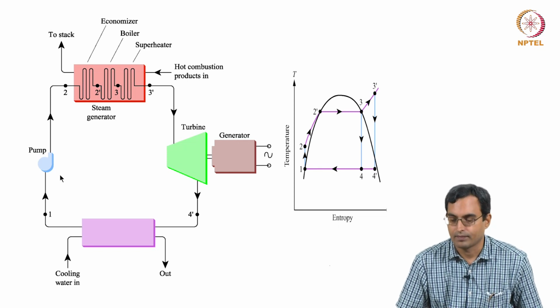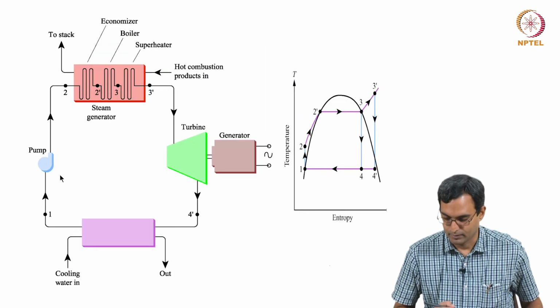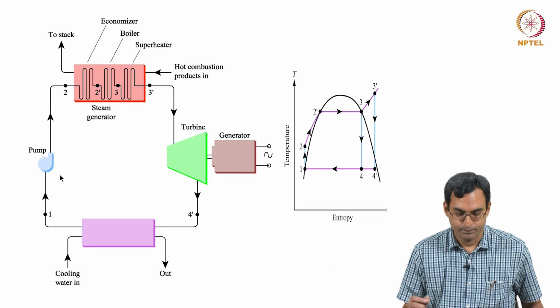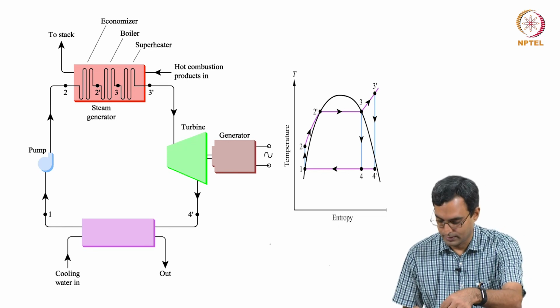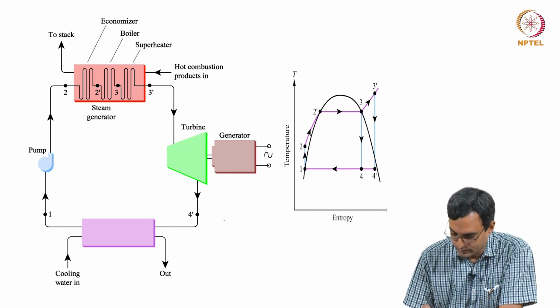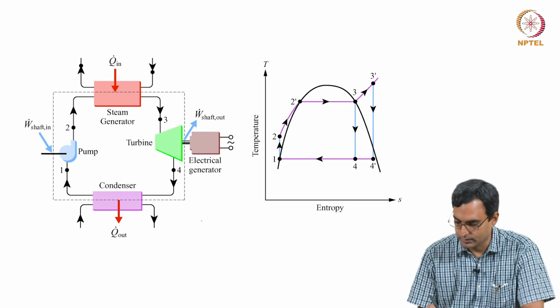Why we arrive at this particular process, we can look at in a little bit of detail by drawing what would be essentially the Carnot cycle. So, let me go back to here.